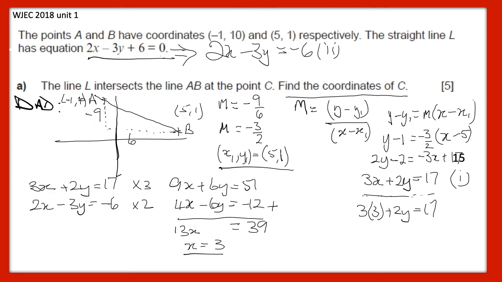And I'd be fairly confident that somebody who'd written that could tell me straight off that y is equal to 4, because clearly I've got 9 plus something gives me 17, and that something has got to be 8, and 2 lots of 4 make 8, so y equals 4. Now, one point you've got to be aware of, it does ask me in the question to find the coordinates, so therefore I need to state somewhere that C is the point 3, 4. At that point, I've done this first part of the question, and I'm going to move on to the next part.